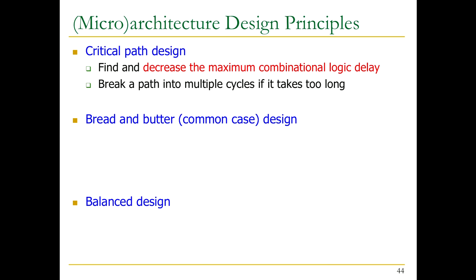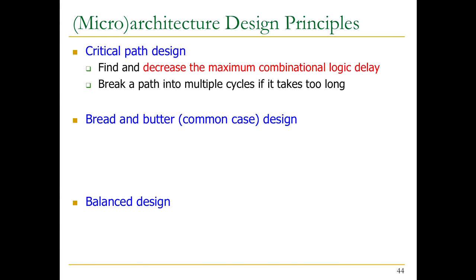You break a path into multiple cycles if it takes too long. Of course, the assumption here is you're designing a high-performance microarchitecture, right? You should always clarify the design point. Like, what is your goal? High-performance microarchitecture. So clearly, this is a good design principle. Single-cycle microarchitecture doesn't allow you a lot of freedom on that one. Basically, you want to reduce the critical path of your longest instruction, but you don't have a lot of freedom, right?